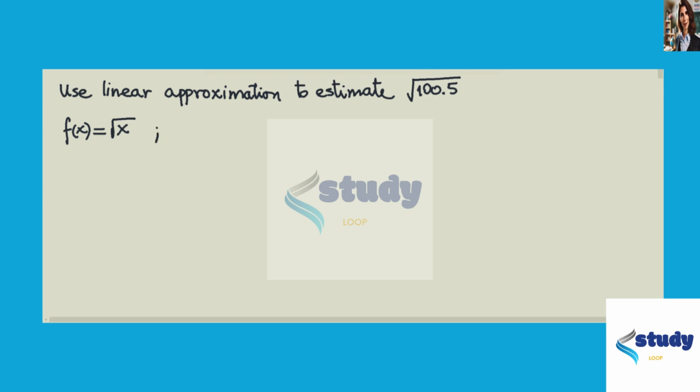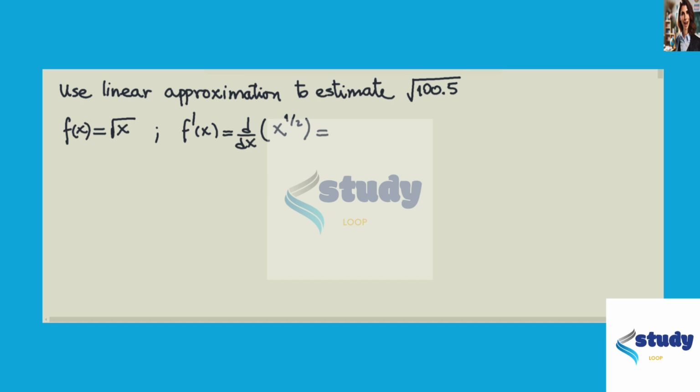For that, we need a point where the line is going to pass through and the slope. In this case, the slope will be given by the derivative of the function. So the derivative of this function is the derivative with respect to x of x to the 1/2, which is the exponential representation of square root of x.